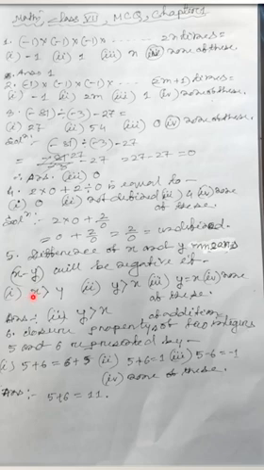I am giving one example. Suppose x equals 5, y equals 3. Then 5 minus 3 equals 2, positive, because x is greater. Therefore, it becomes positive. If y is greater, then it will be negative.